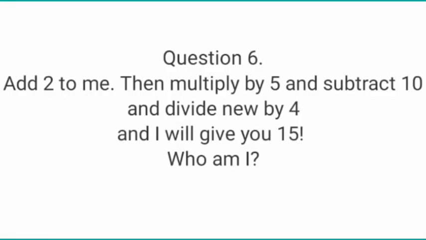Let's move on to the question number 6. Add 2 to me, then multiply by 5 and subtract 10 and divide new by 4 and I will give you 15. Who am I? Let's do the answer for that question.